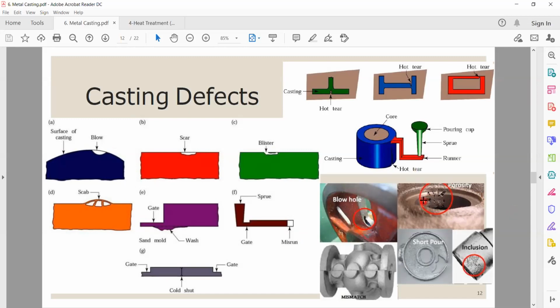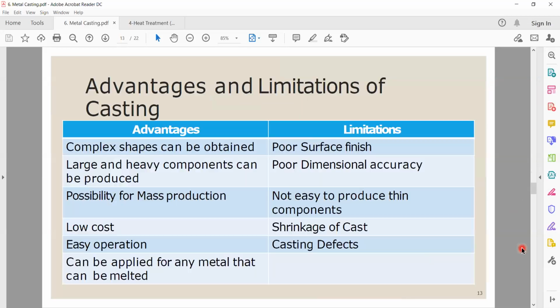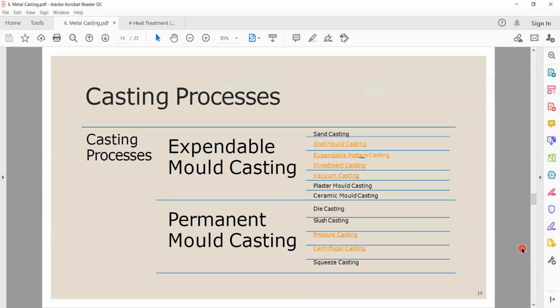You cannot use this product for your purpose, right? If it is a wash kind of defect, then you can try to remove that excess part. Understood? Any questions?